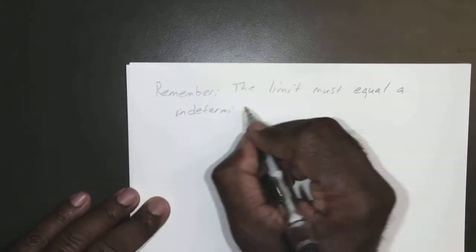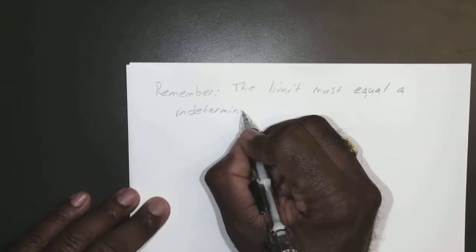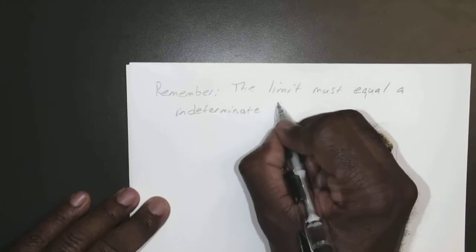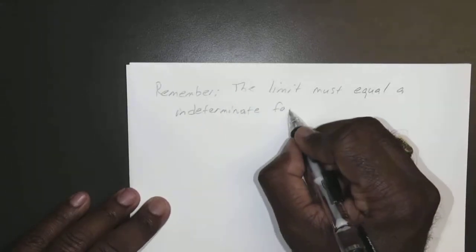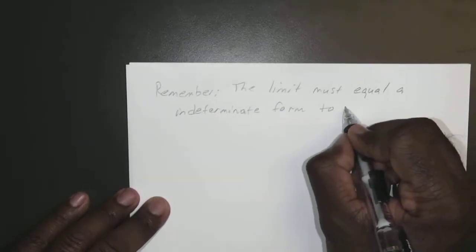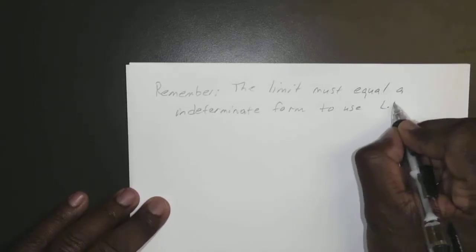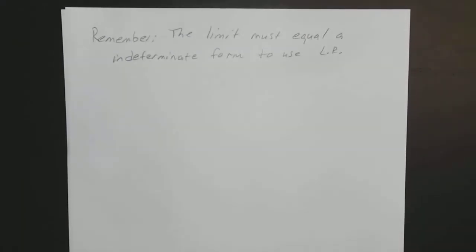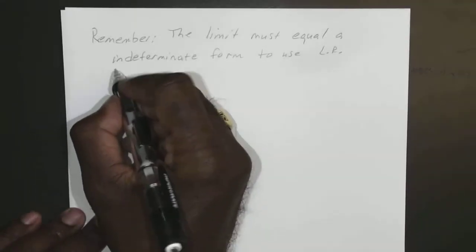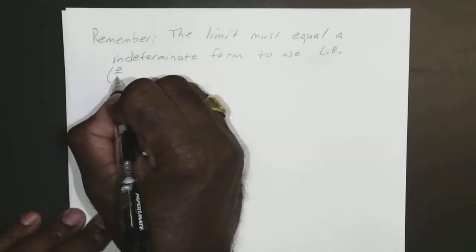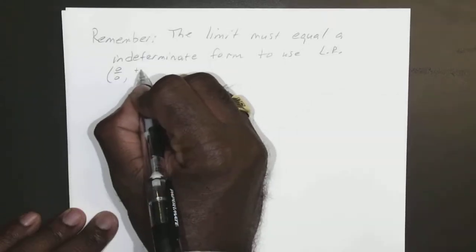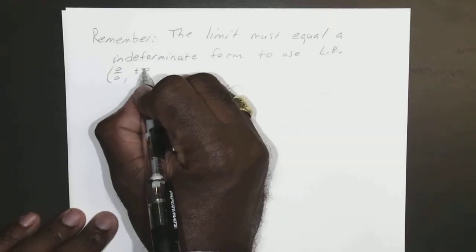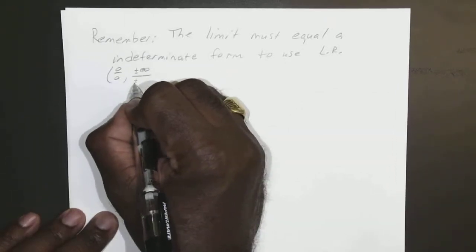Indeterminate, I don't know why I said determinate. Okay, which means that if it doesn't, you can't use it. So remember, that's just your 0 over 0, or any combination of positive and negative infinity over infinity.